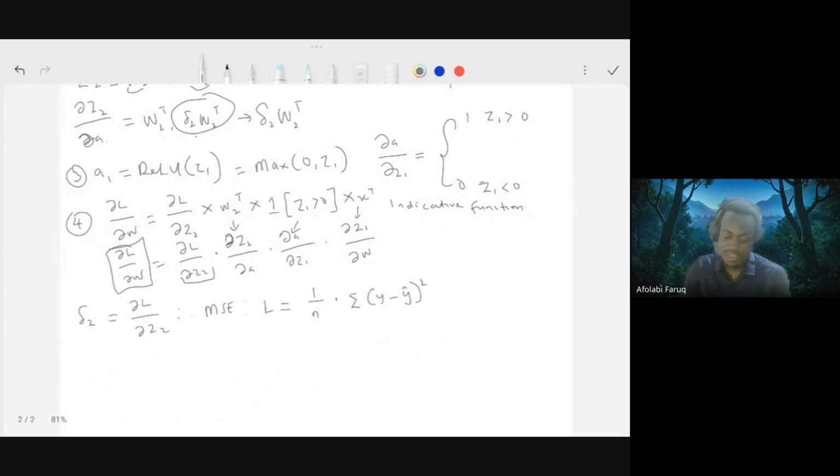Sorry, I made a mistake there. yi is the output feature from the real data, while y prime is the predicted output.